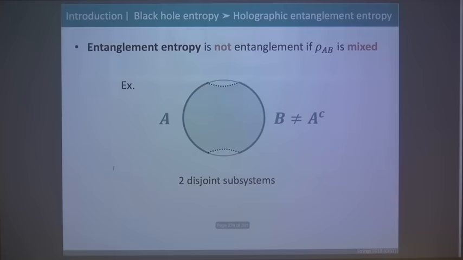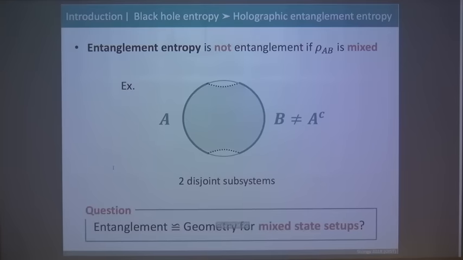For example, if you take two generic subsystems on the boundary CFT in such a way, then because you trace out the remaining parts, the quantum state on these systems is a mixed state. So you cannot use entanglement entropy to measure quantum entanglement in these setups. Our motivation is to find much more generic forms that connect entanglement and geometry for such mixed state setups.